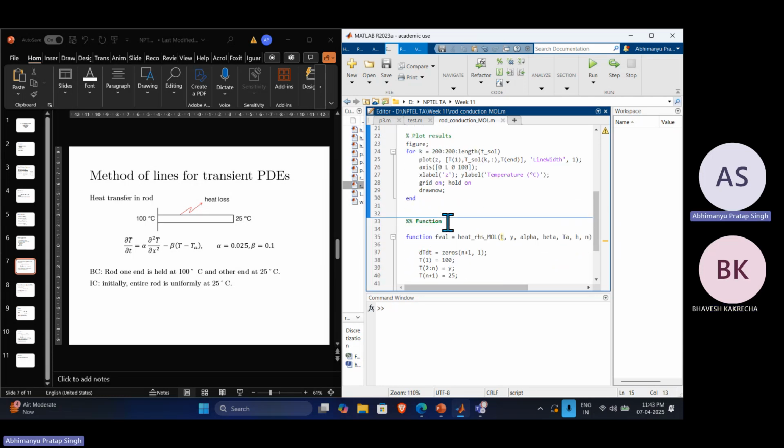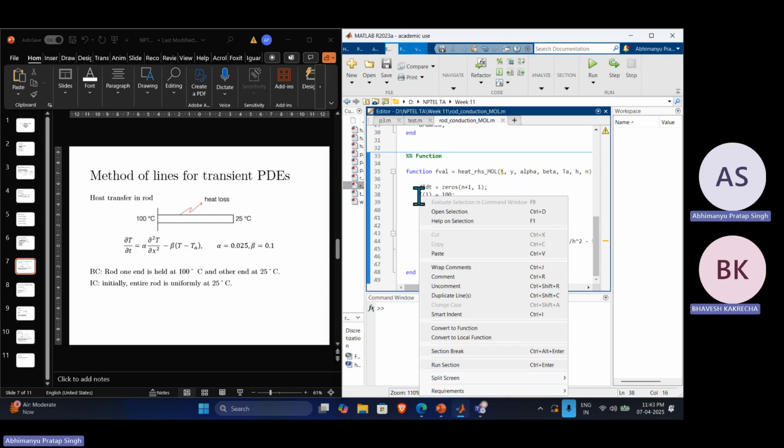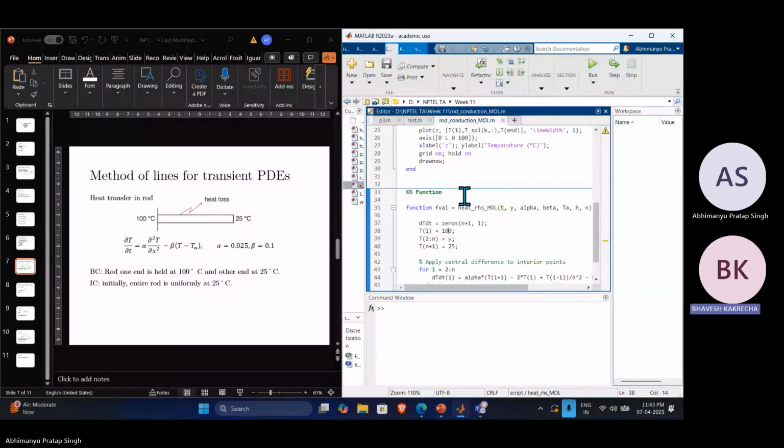Yes, the boundary condition is applicable within the function because those two values are always fixed. Even if we are changing everything else with time, these two nodes are always fixed in time. So for the boundary conditions, we fix these values inside the function.